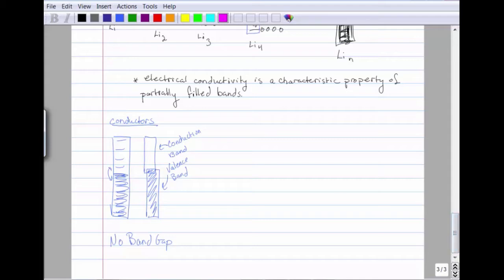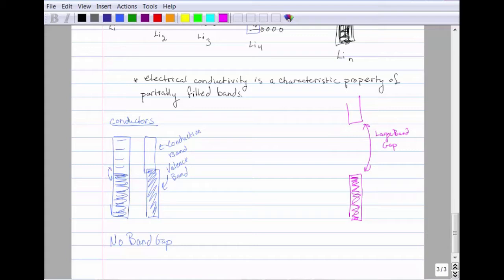So let me show you what an insulator looks like. I bet you can guess. Things that are insulators have very large band gaps. And it turns out a lot of the times the difference in the band gap energies has a lot to do with the covalent nature of the bonds between the atoms or ions.